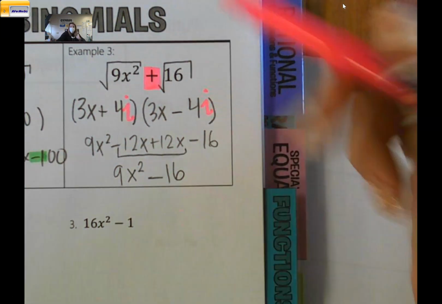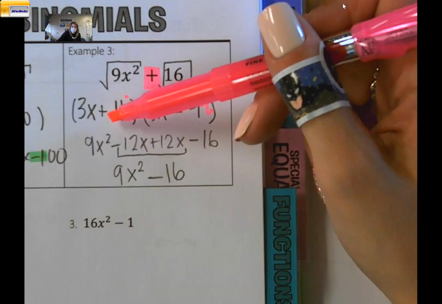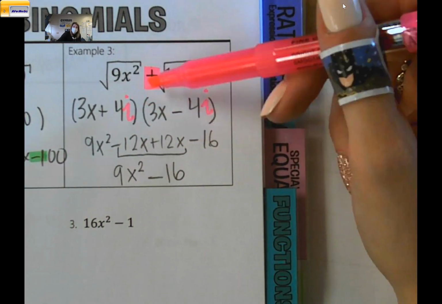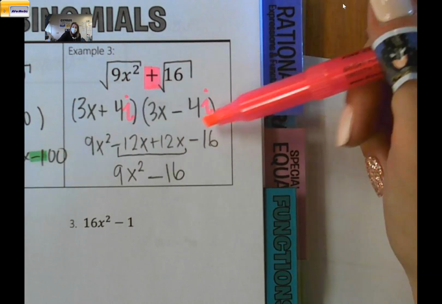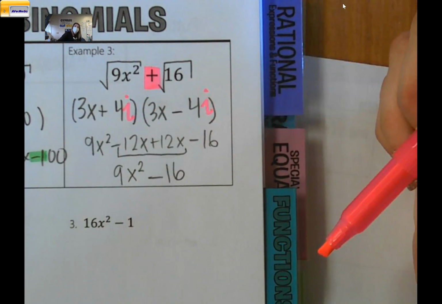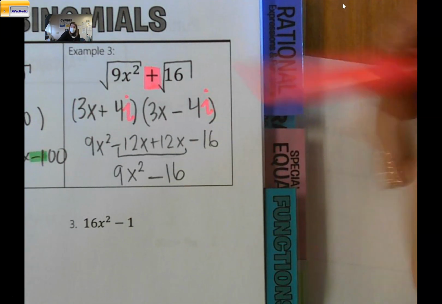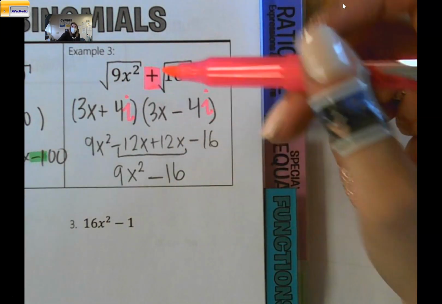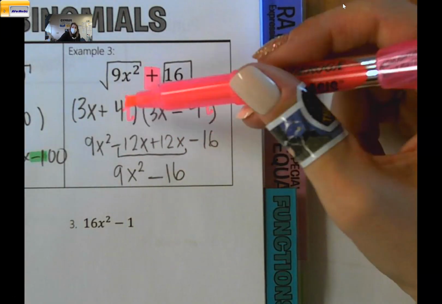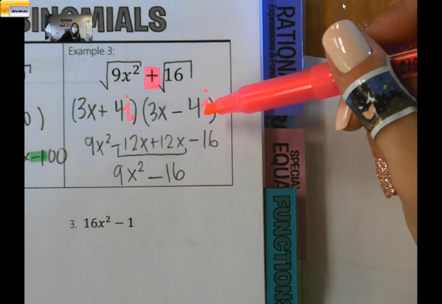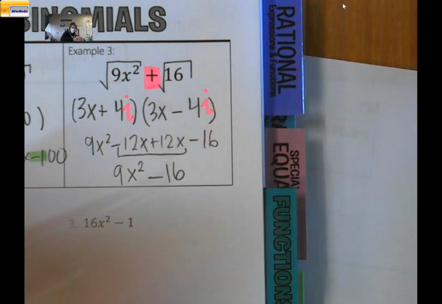We have to put that on there because we know positive 4 and negative 4 don't equal positive 16. So we need an imaginary number to help us out. So on all of the ones that have a plus sign, everything is the exact same except your second term has to have an imaginary number on it.